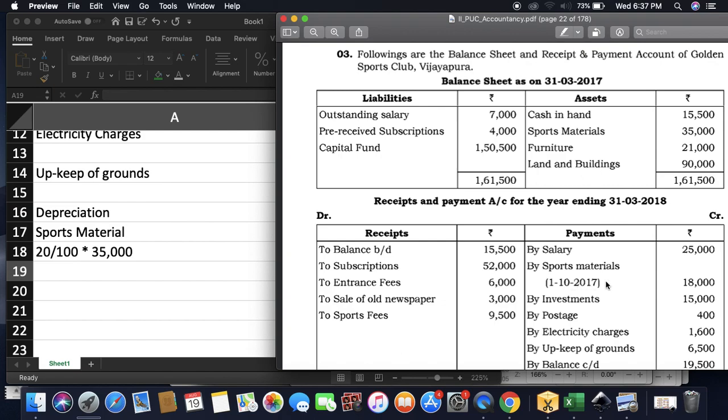And now since the date is given, obviously you cannot calculate for 12 months because we bought the sports material in the month of October. For April, May, June, July, August, September, you cannot calculate because depreciation happens if you have the goods in hand. Since we bought it in October, we have to start calculating from October onwards. October, November, December, January, February, March. So that is 6 months.